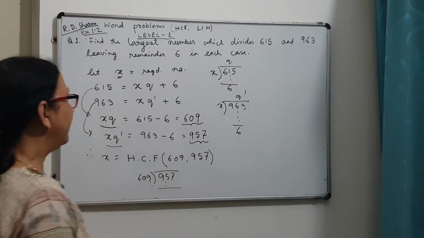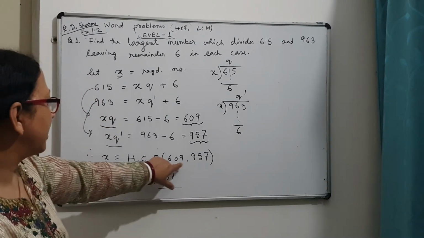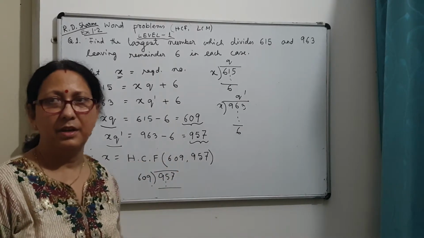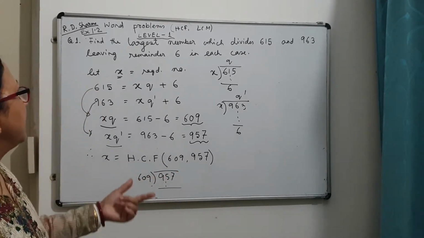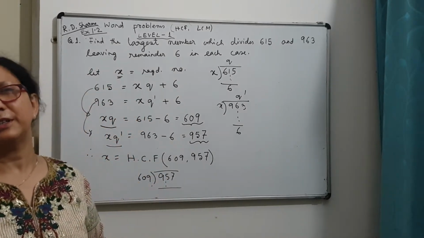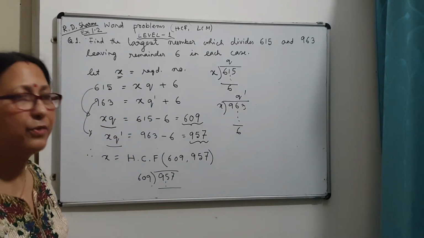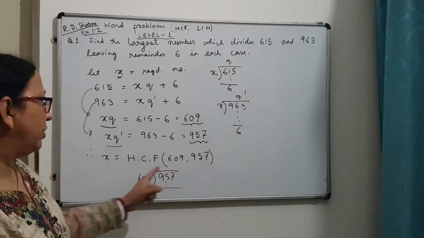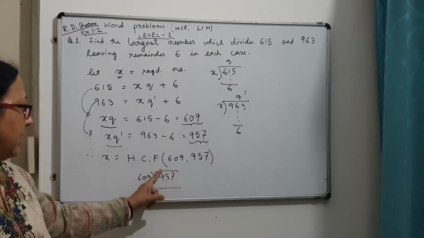Generally, when the numbers are very big, we follow Euclid's division algorithm. And if the numbers are not that big, small two-digit numbers, we can go for the fundamental theorem of arithmetic, that is, by prime factorization we can find the HCF and LCM. But when the numbers are very big, we always go for Euclid's division algorithm.